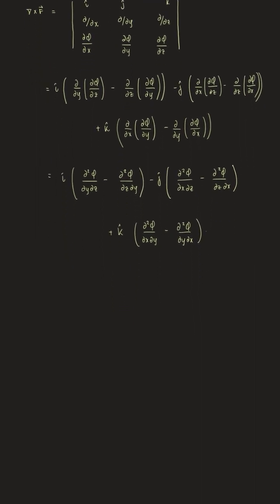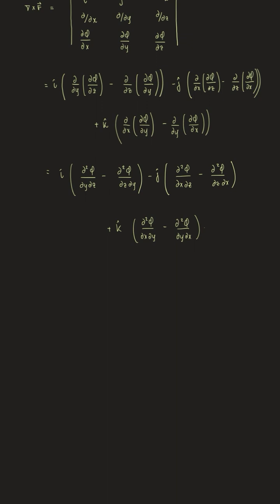And so notice that each component that we have here will be 0, because mixed partials are equal. I'm using Clairaut's theorem.